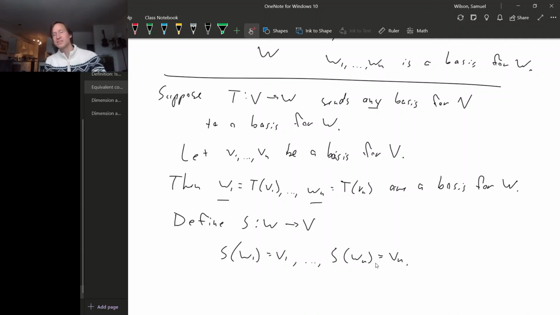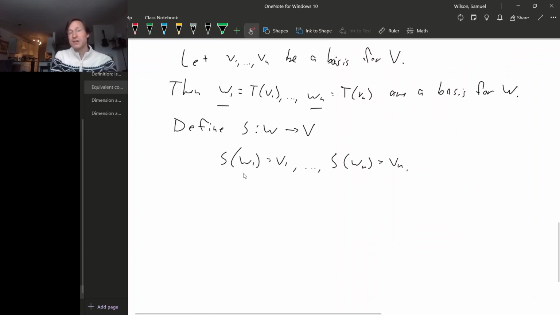So this determines a linear transformation. Now the only question is, is this the inverse?